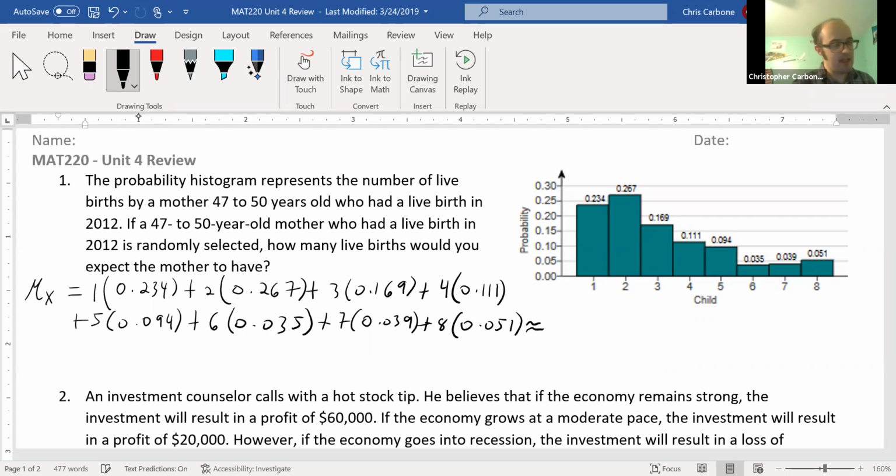You toss that into a calculator, you get an answer of roughly 3.1 as the number of expected live births.